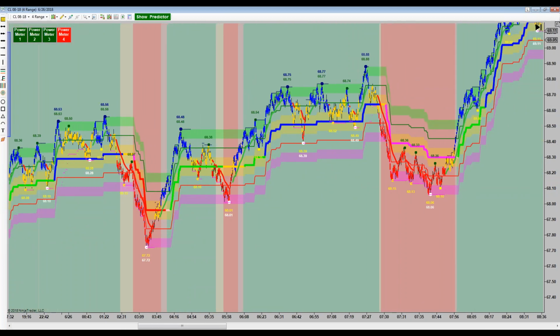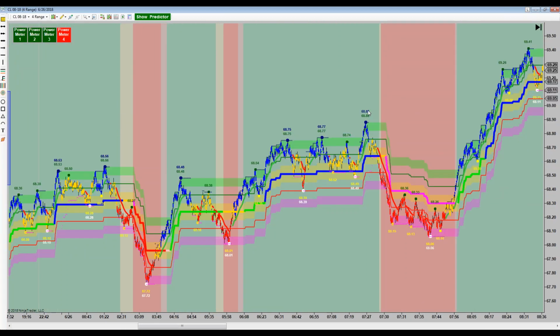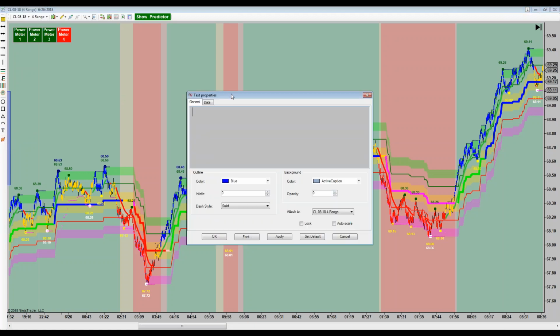So let's look at what the various market conditions are. There are 3 basic market conditions you need to know before you take trades. I'm going to give you the 3 basic ones, and then we'll discuss subtle variations on them, because this is the basis on which you make your trading decisions.